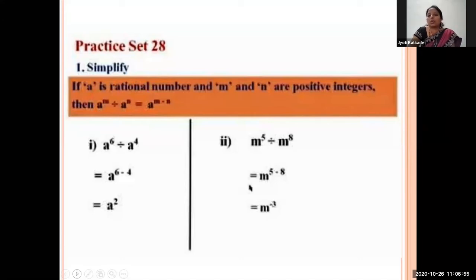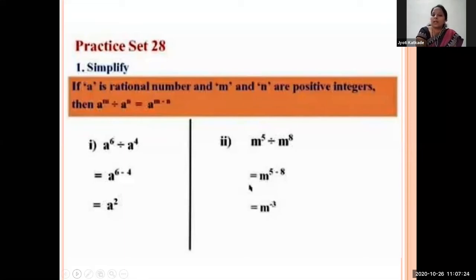Use this rule. Okay. See first example, a raised to 6 divided by a raised to 4. Now, if you do not use the rule, you have to take the multiplication of a, 6 times at the numerator and multiplication of a, 4 times at the denominator. And this is a lengthy process. So use the rule of indices.